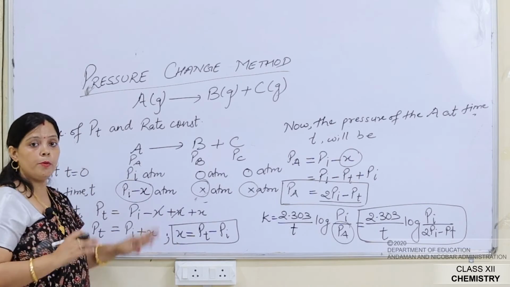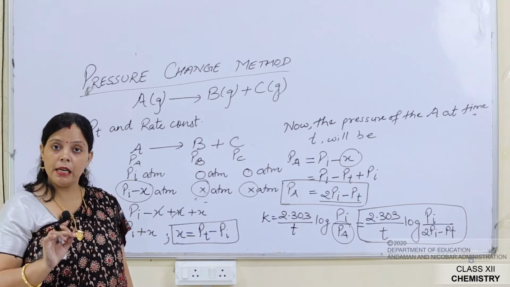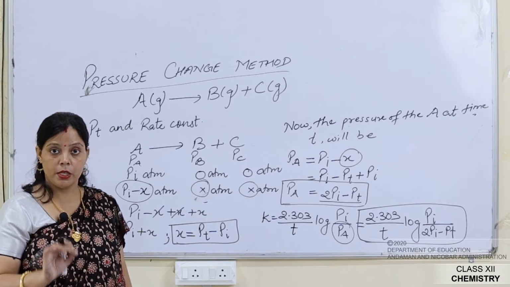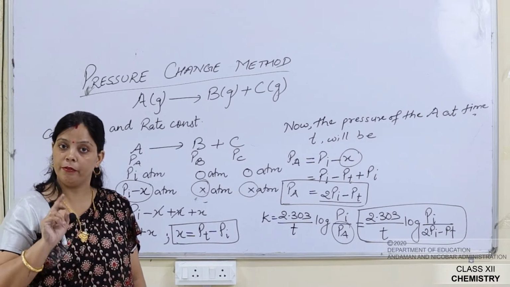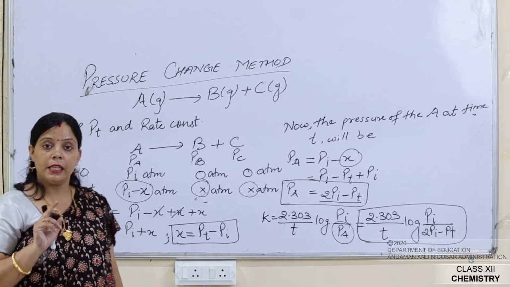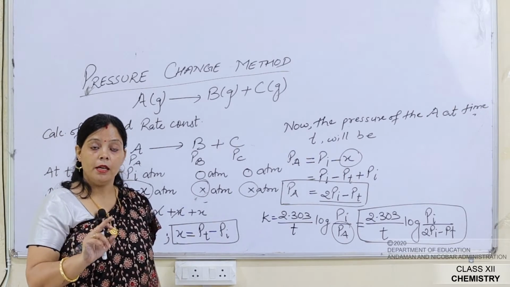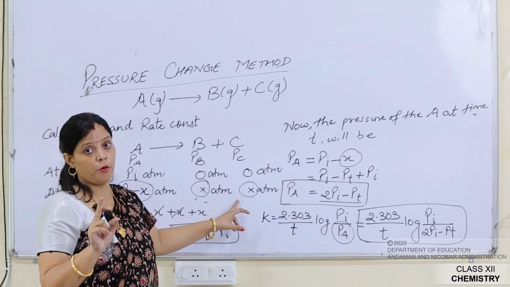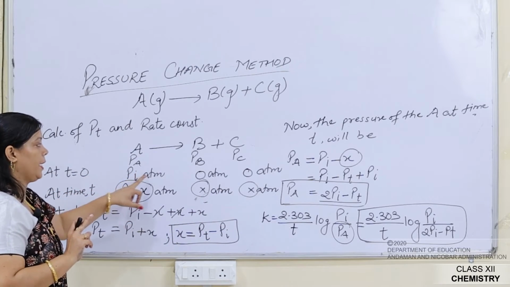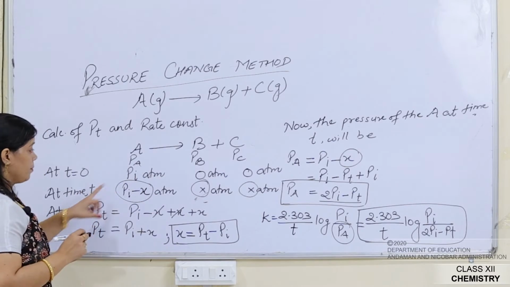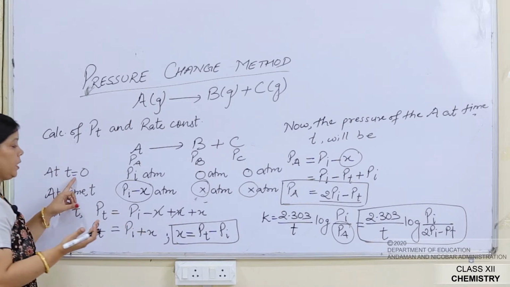So if we assume that X atmosphere is the decrease in the pressure of A at time T, then 1 mole of B and 1 mole of C will be formed, and consequently there will be an increase in the pressure of B and C by the same X atmosphere. At T equal to 0, the pressure of A is Pi atmosphere and the pressure of B and C is 0 atmosphere because they are not formed at T equal to 0.